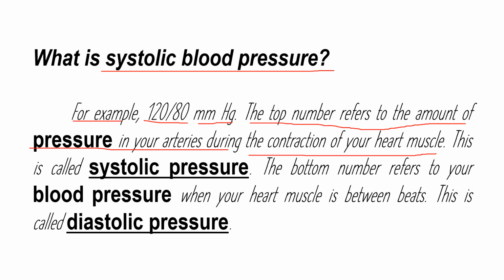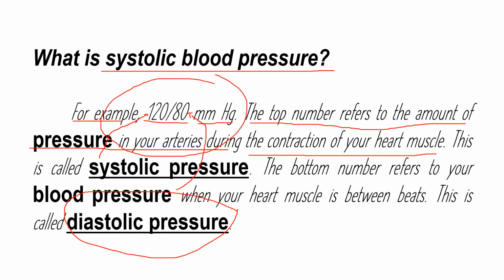The bottom number refers to your blood pressure when your heart muscle is between beats. This is called diastolic pressure. So 120 is your systolic pressure, and 80 represents your diastolic pressure.